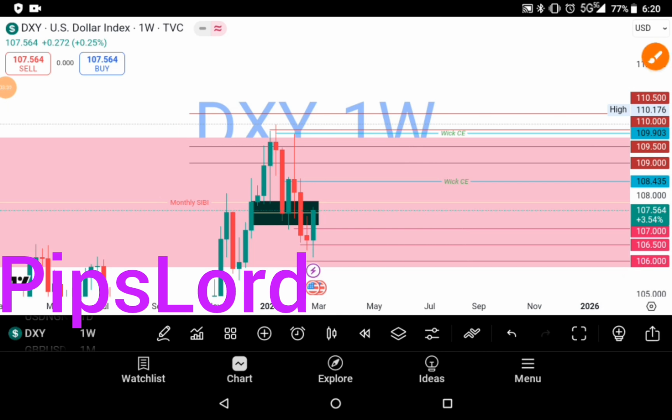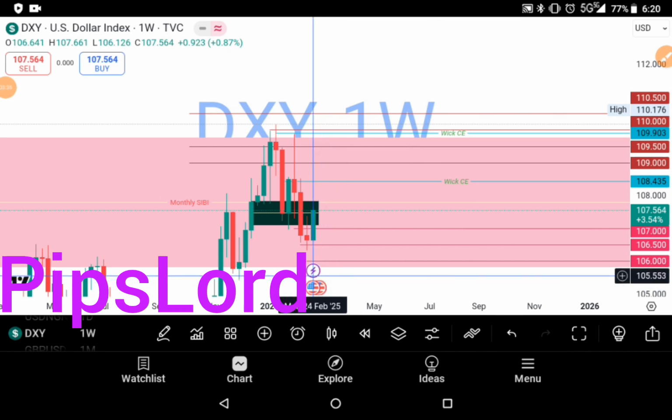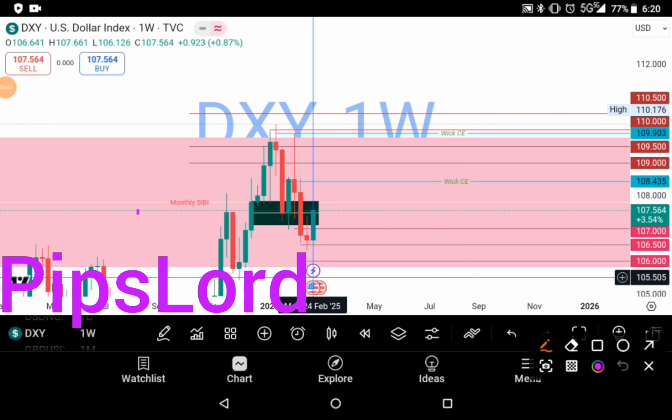The low of the candle that formed on Friday last week comes in at 106.126.